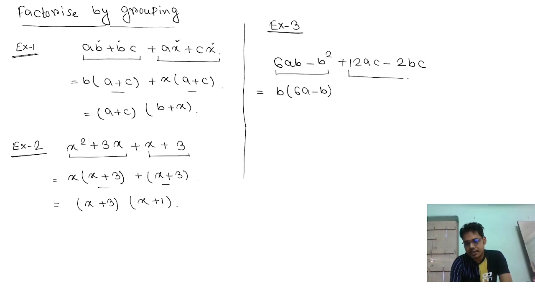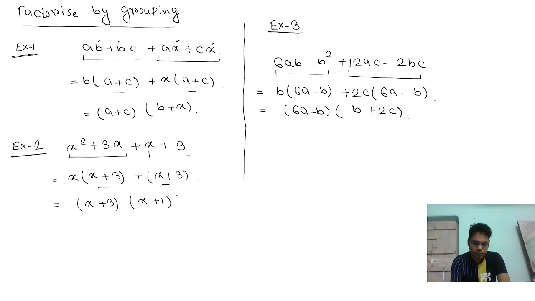Now in the third and fourth term you can see that 2 is common and c is common. So 6a is left there because it is 12, so 2 sixes are 12. So 6a and here it will be minus b. Now if you look, 6a minus b is common. So 6a minus b common, there will be b plus 2c. (6a minus b) into (b plus 2c) will be the answer of this one.